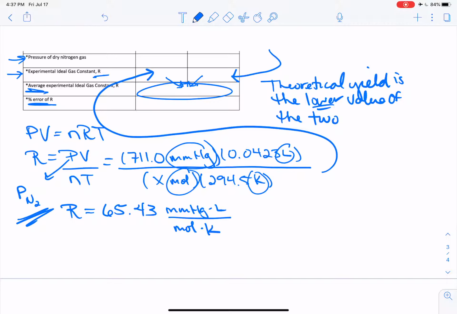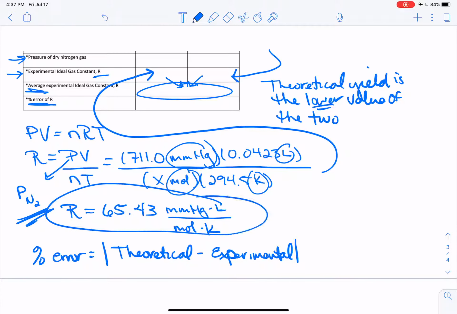All right. So the way that you would do percent error is you're going to do the absolute value of the theoretical R value minus the experimental value. And the experimental value is the value that you got in your experiment, okay? So say your average R value, those 2 together, adding them up, divided by 2, is 65.43. That would be the experimental.